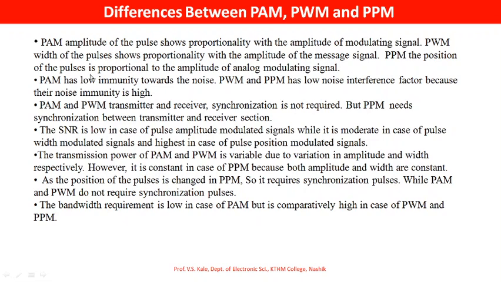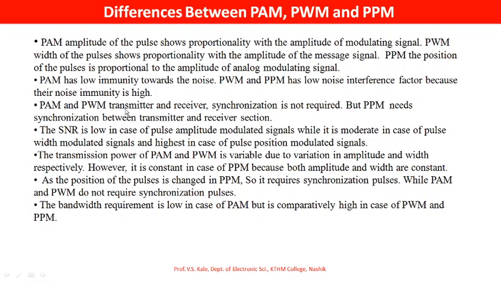The position of the pulses is proportional to the amplitude of analog modulating signal. Pulse amplitude modulation has low immunity towards the noise. PWM and PPM has low noise interference factor because their noise immunity is high.